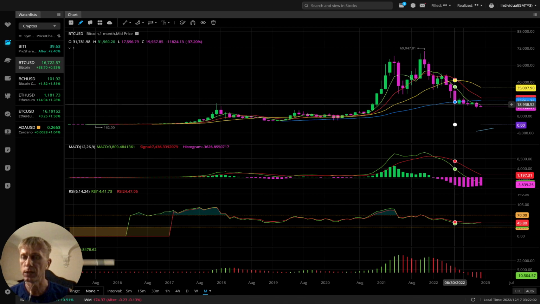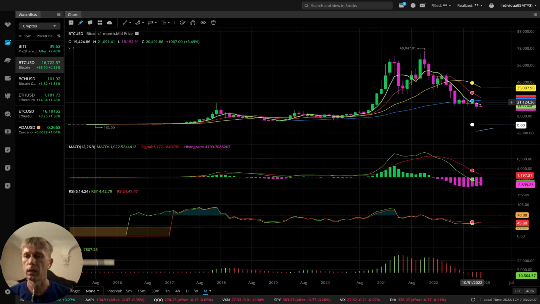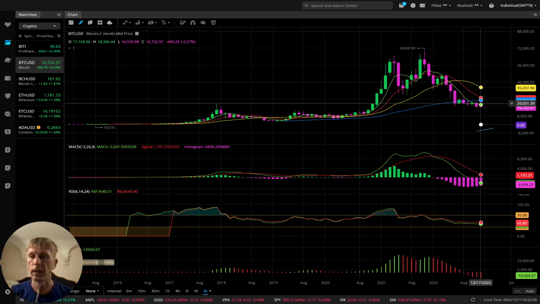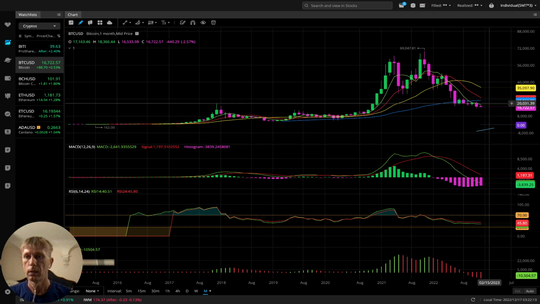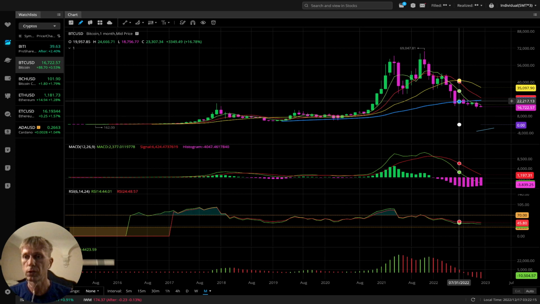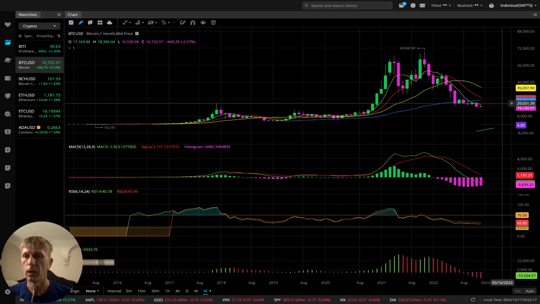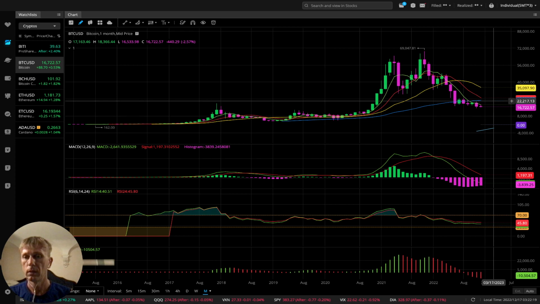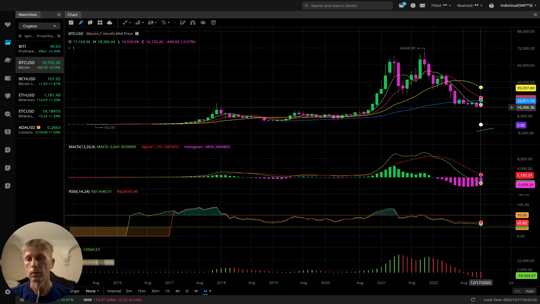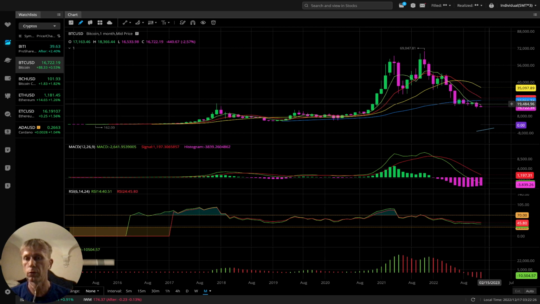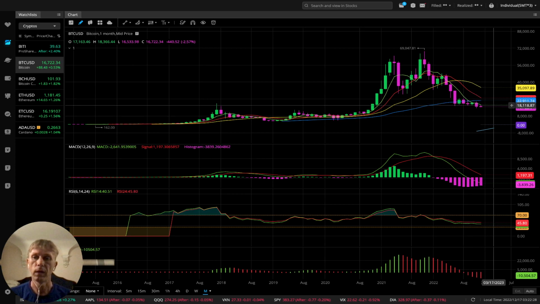But the second thing is that if it sits flat for a long time, MA20 will come to the bars. That's how it works. We'll see if it's going to stay flat. So far, it's bearish.